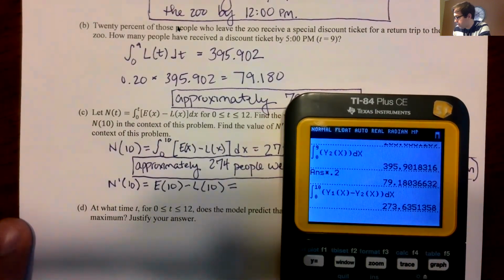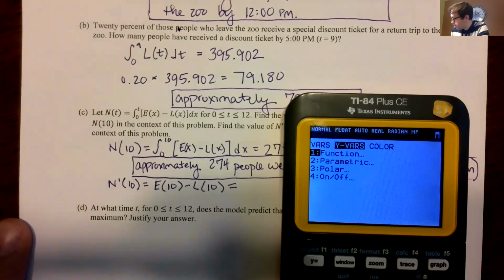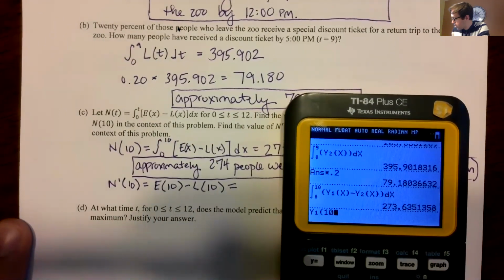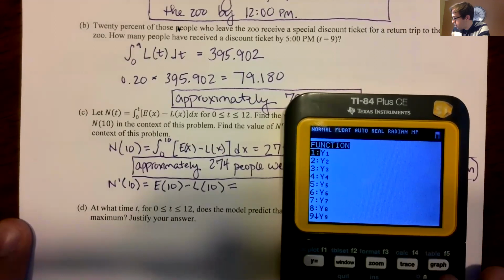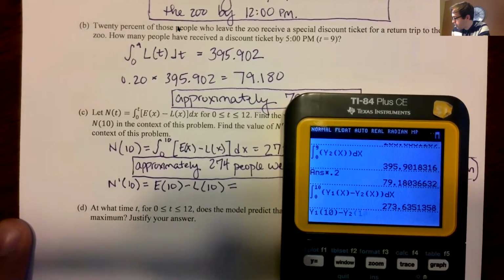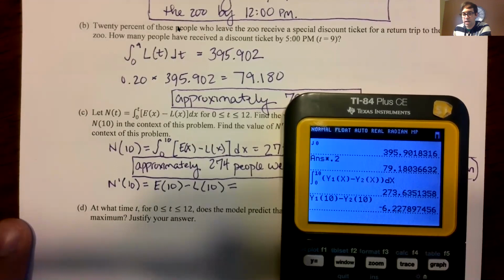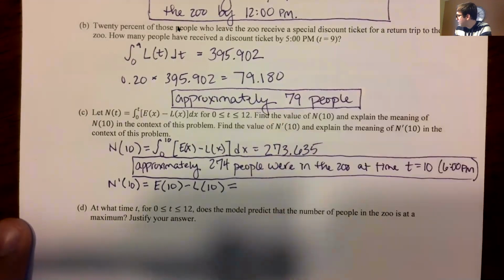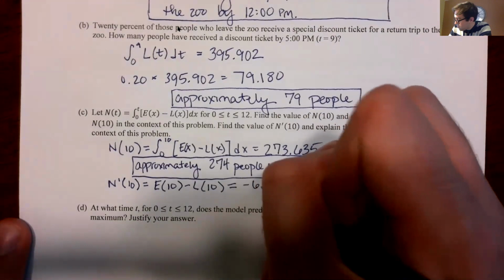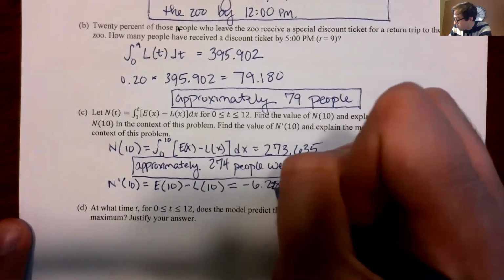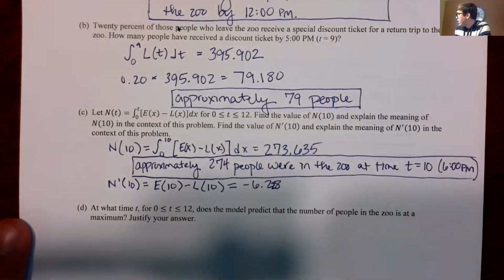So forget the integral. We're just doing y1 of 10 minus y2 of 10. We get negative 6.228. And what that is telling us is that the number of people in the zoo was decreasing at that rate.